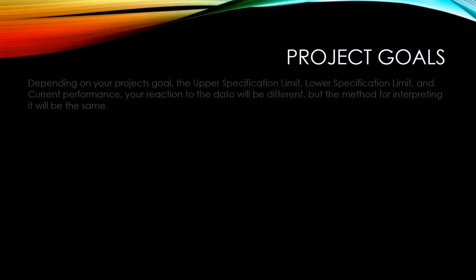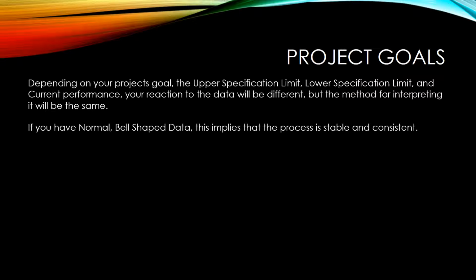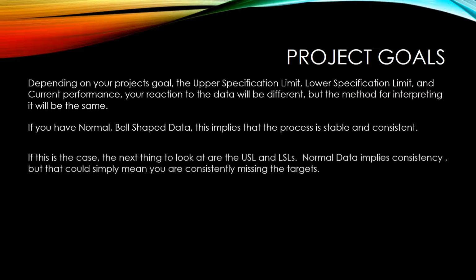Alright, so project goals. Depending on your goal and your upper and lower specification limits and the current performance, your reaction to the data is going to be different, but the method for interpreting it will be the same. So if you have normal bell-shaped data, this implies that the process is stable and consistent at the very least. If that's the case, the next thing you want to look at are those upper and lower specification levels.